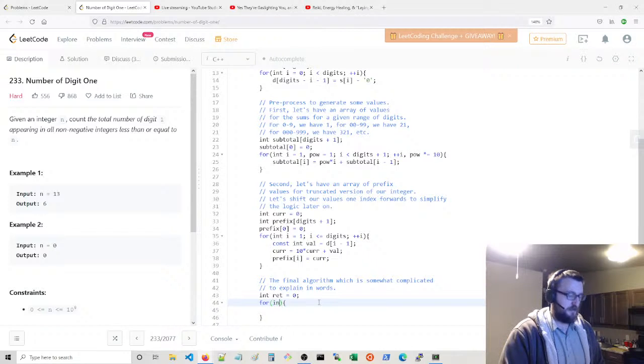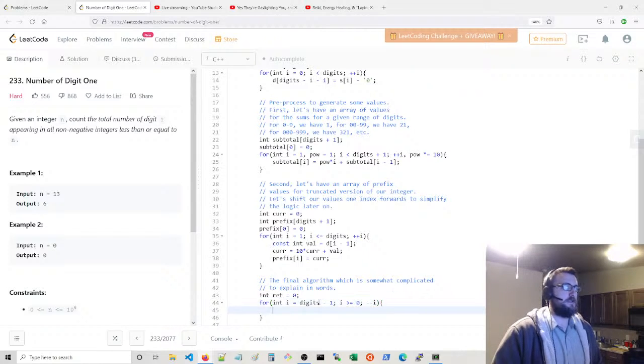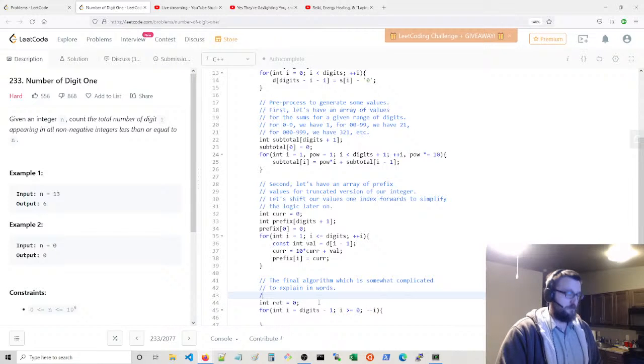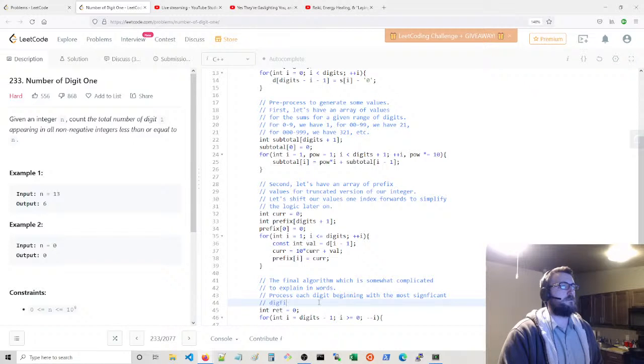So we're going to say int I equals 0 from the most significant digit, so digits minus 1. I is greater than or equal to 0. Decrement I.